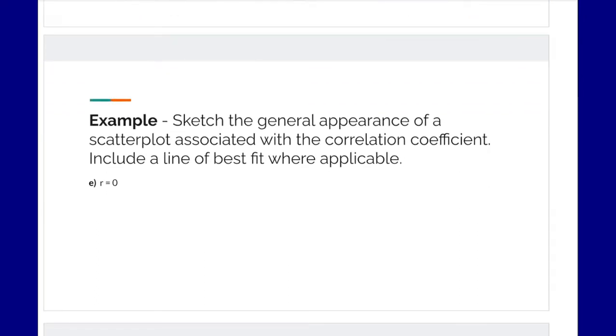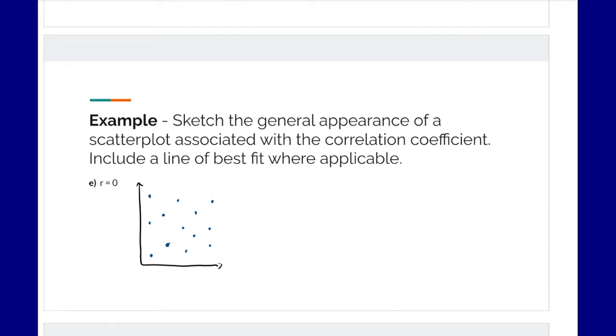Lastly, r equals 0. So there is no relationship between the two variables. This means that generally speaking, the points tend to be all over the place. Now they're not going to form exactly like four corners and things like that, but generally speaking, the points are all over the place.